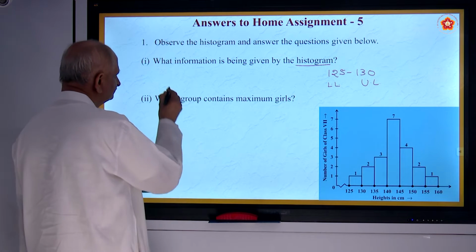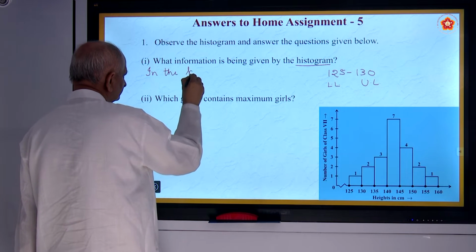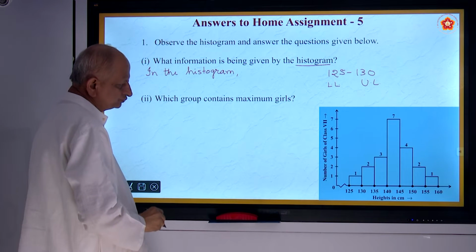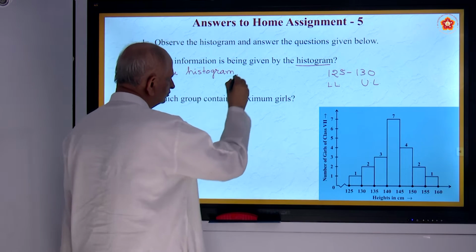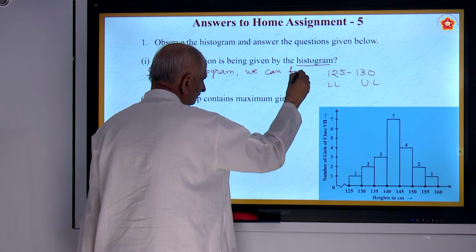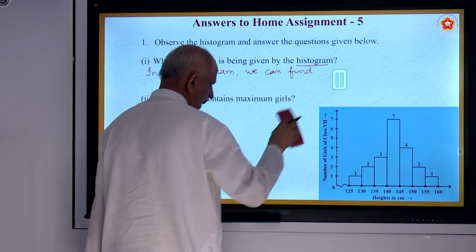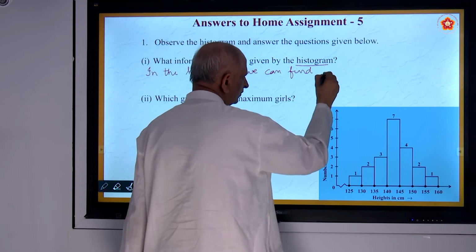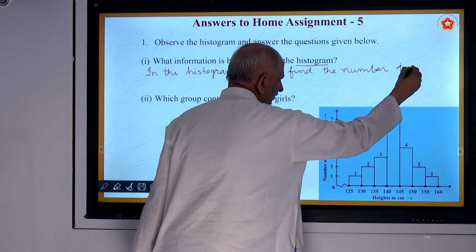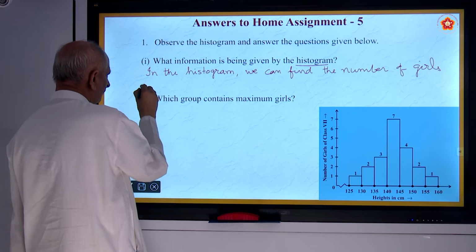So in a histogram, we can find the number of girls or students with respect to their heights.